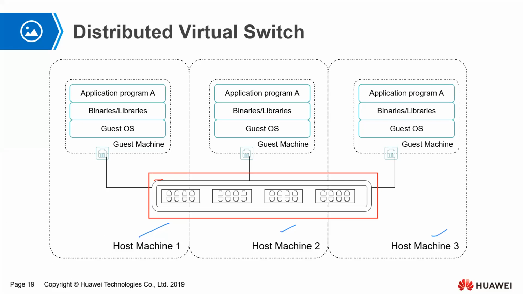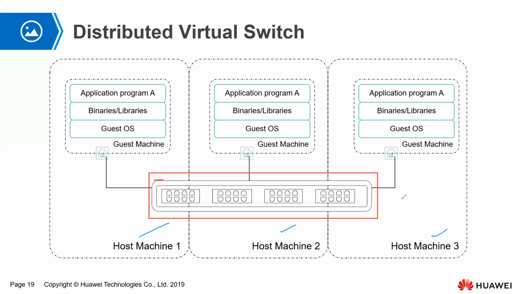We can configure it, and we can have different VLANs and all that across different machines. We see machine 1, and we have a virtual machine which is also connected to the virtual switch, which is spanning across host machine 1, host machine 2, and host machine 3.